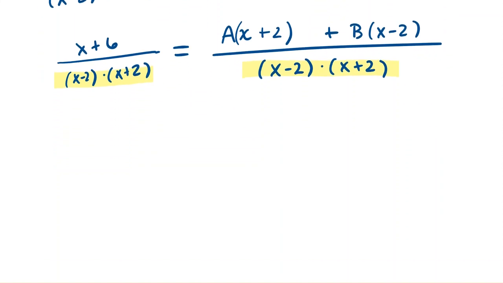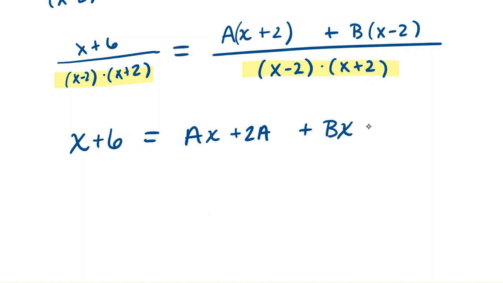So this allows us to write a different equality, that x plus 6 must actually be equal to a times x plus 2 plus b times x minus 2. At this point, I'm going to distribute the a, distribute the b as I rewrite it, so ax plus 2a plus bx minus 2b.